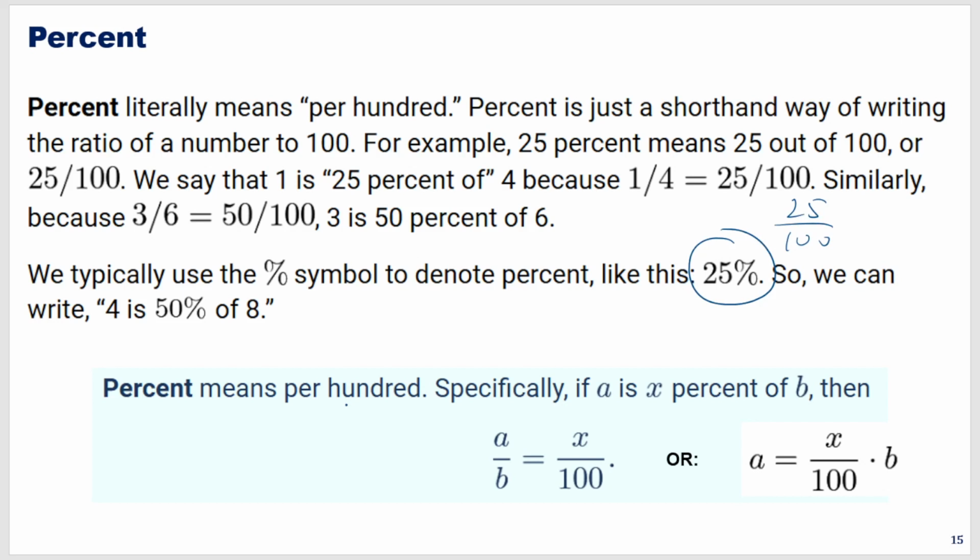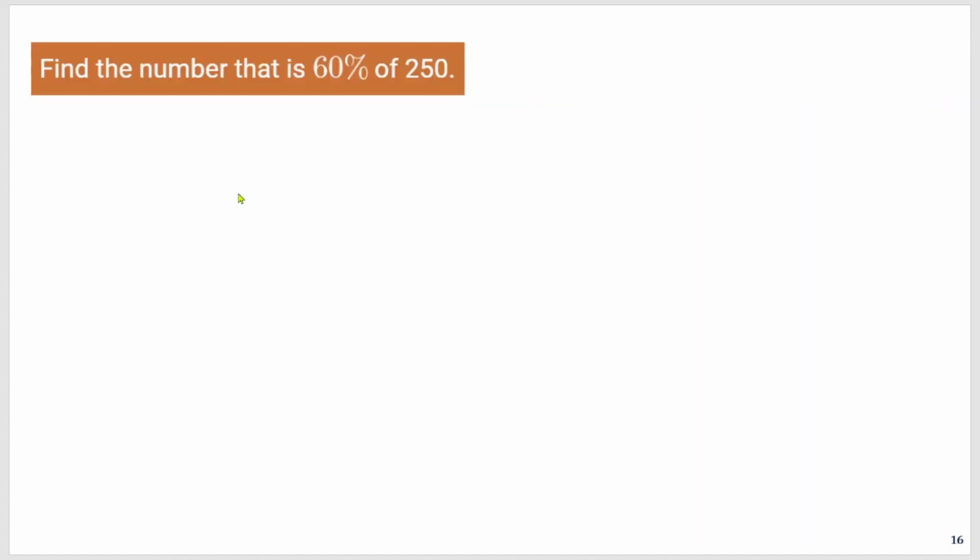Specifically, if A is X percent of B, then we can write A over B equals X over 100, or A equals X over 100 times B. Did you get it? Or A equals X percent times B. So you could use any way, okay? Alright, so let's consider some very straightforward, very simple examples. First, find the number that is 60% of 250.